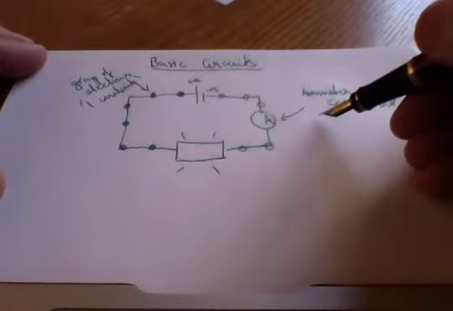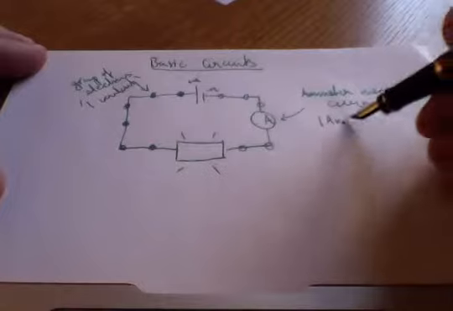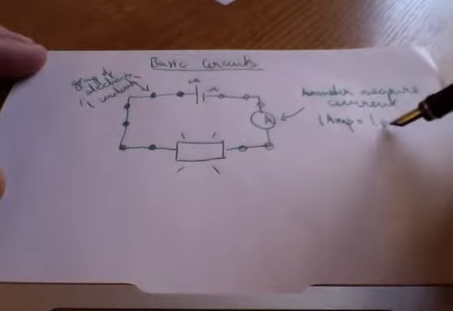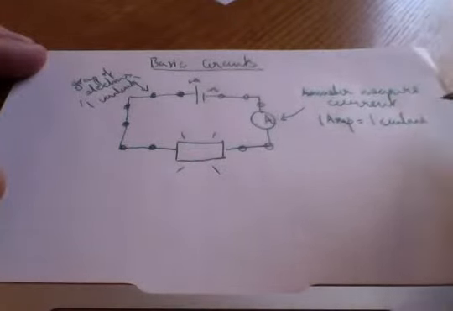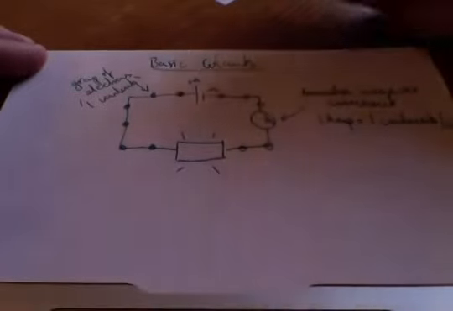So let's just say, for example, 1 amp will equal 1 coulomb per second running around this circuit.